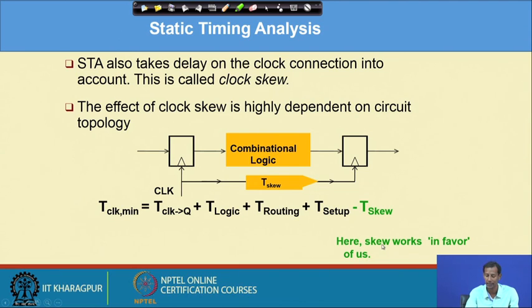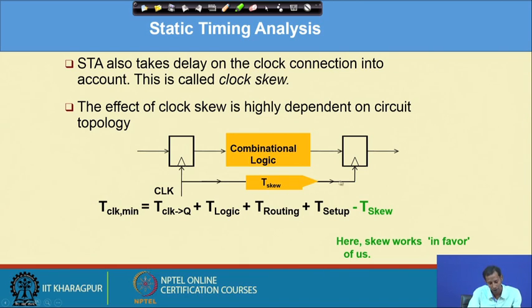Because here the skew works in favor of the circuit. The clock is traversing in this direction, so the data is also flowing in this direction and the clock is also flowing in this direction. So, at that time it is in our favor.